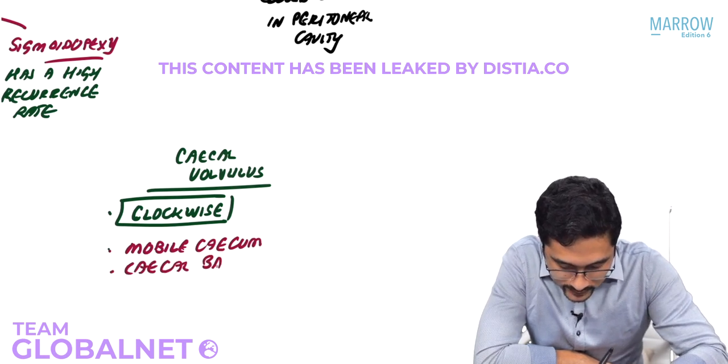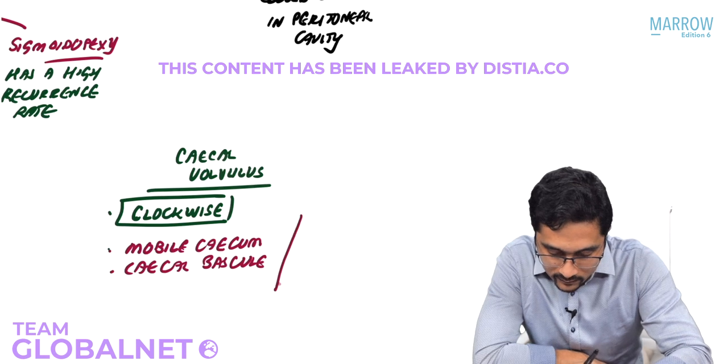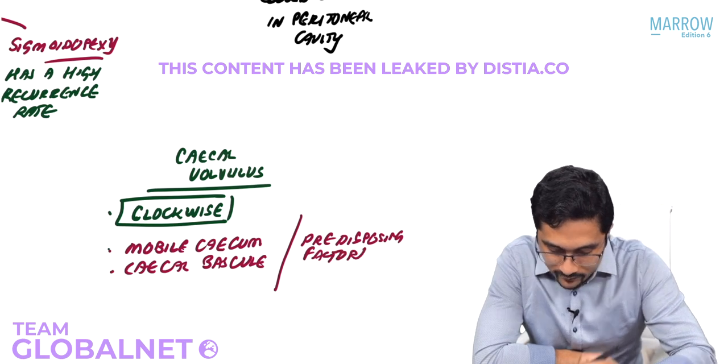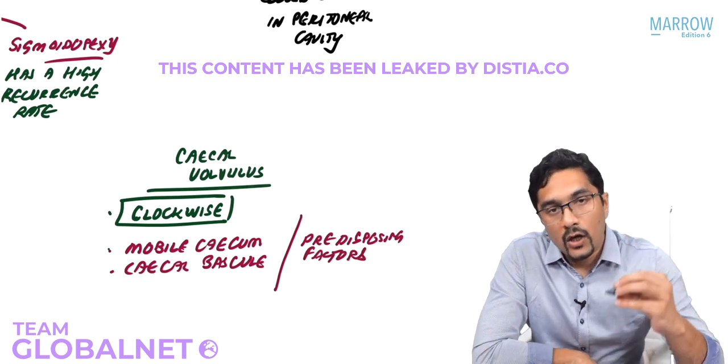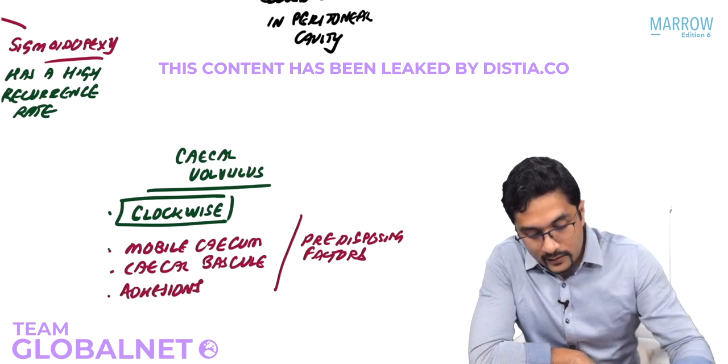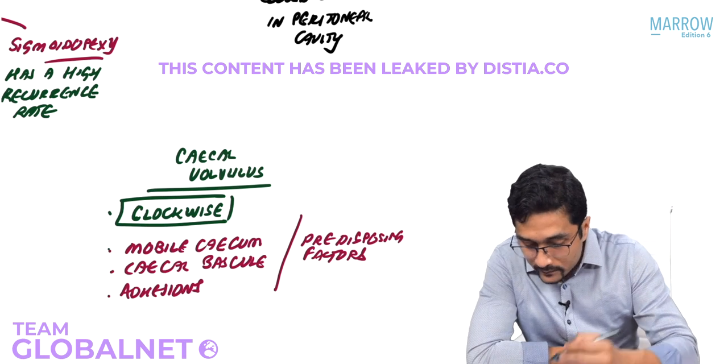A cecal bascule is also a type of a mobile cecum. These are the predisposing factors which can give rise to a cecal volvulus. Sometimes it can also occur around adhesions.